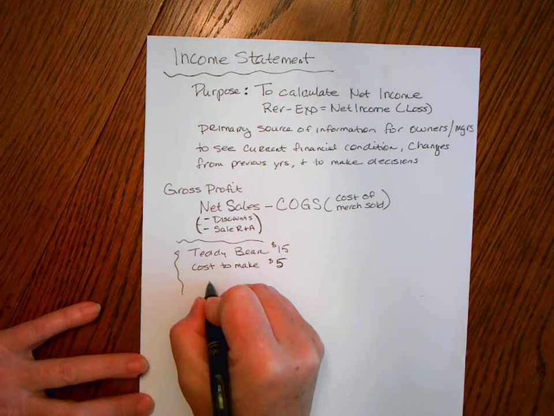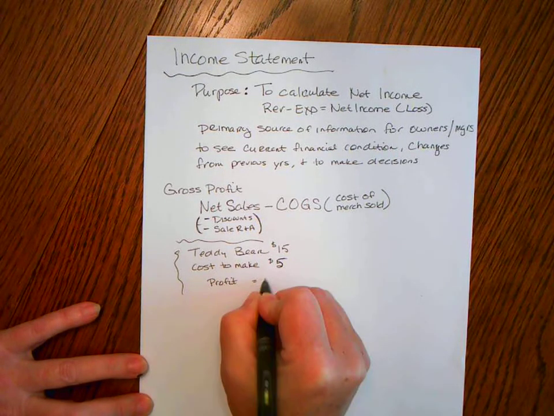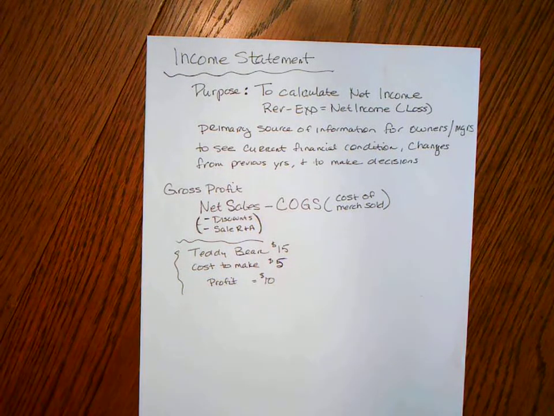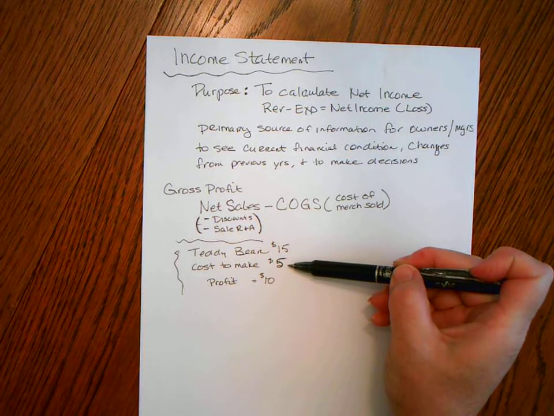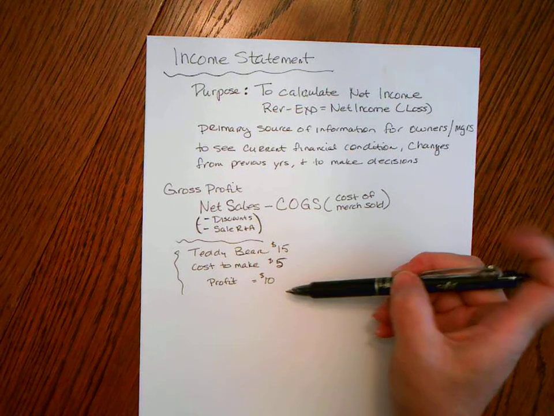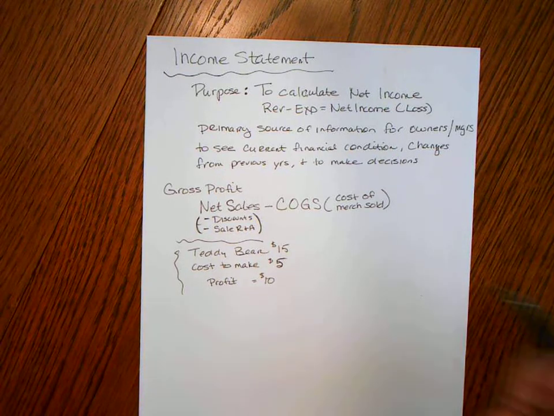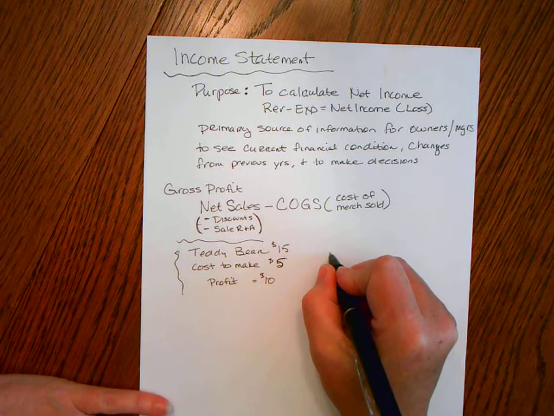We're going to make a profit on each teddy bear of $10, right? So basically, there's our sale, there's our cost to make, our cost of the goods so that we're going to sell, and there's our profit, there's our gross profit. Okay. Something else that we're going to look at is the gross profit percentage.